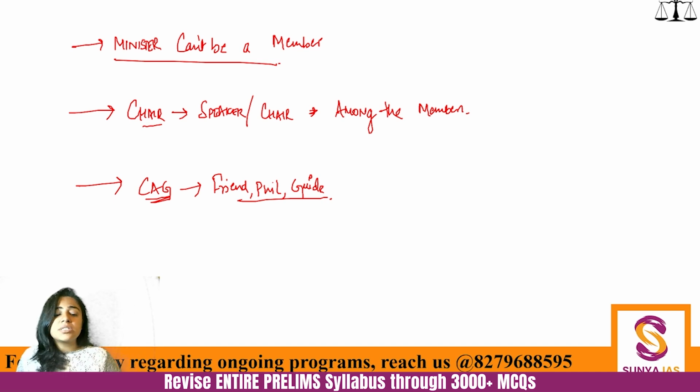And the Public Accounts Committee functions, you can just read them through from your M. Laxmikant. I will not be completing it here because there are many functions. But overall, this is the only committee that is having the assistance of the Comptroller and Auditor General of India. Only committee that way. Okay. So I hope you understand that.